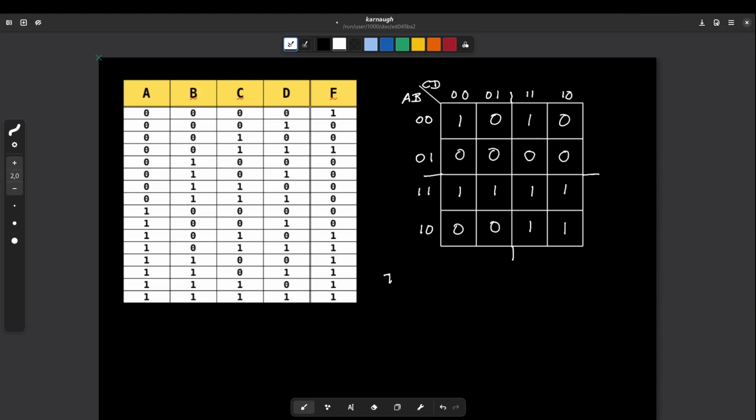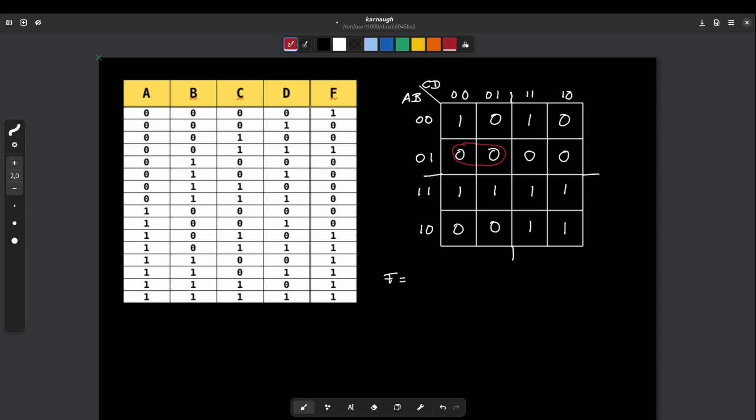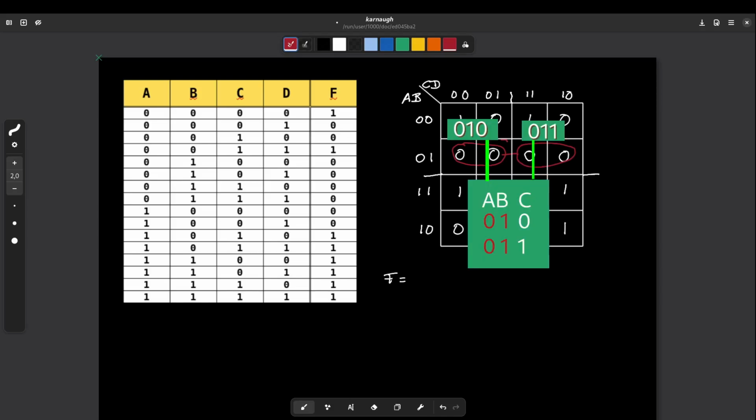So I write f equals the same as before. I could group this with this because they are logically adjacent, because between these two terms only one of them changes, which is D. I can group these two together, and as these two are mirrored, I can group these four together.